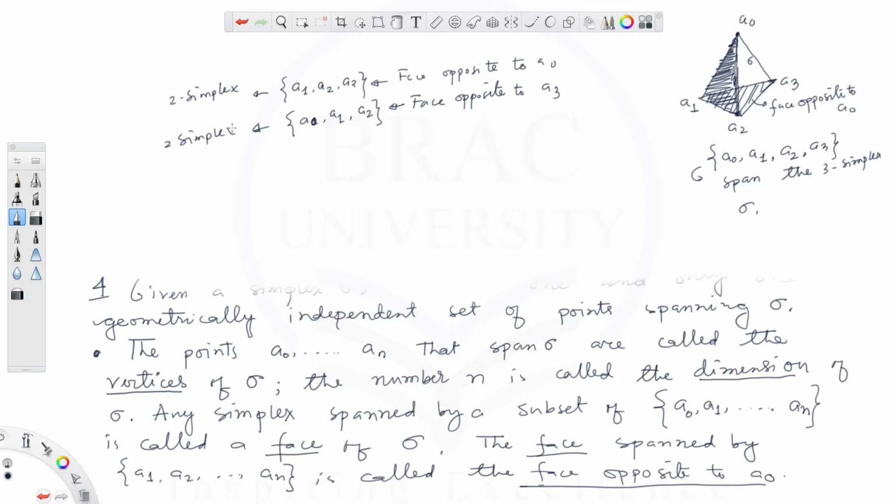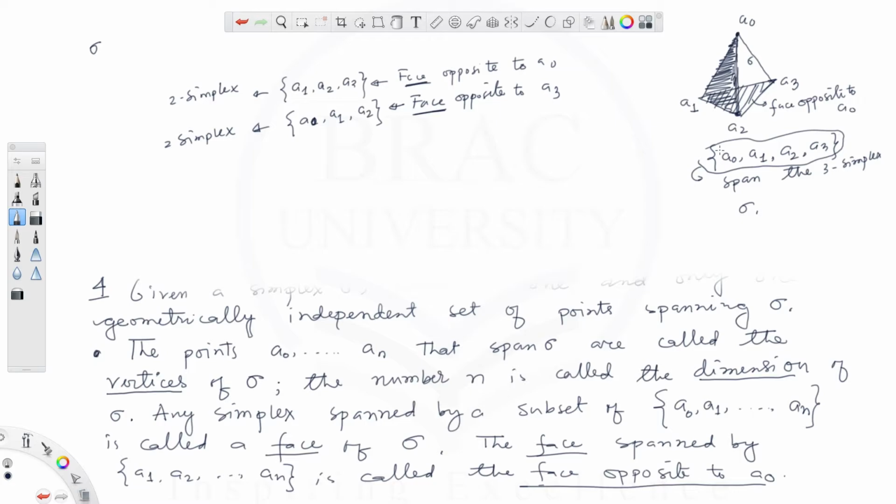These are faces of this 3 simplex sigma, spanned by these 4 geometrically independent points in R3.